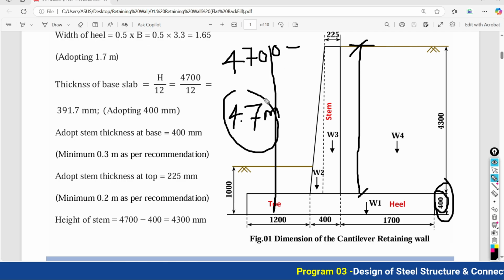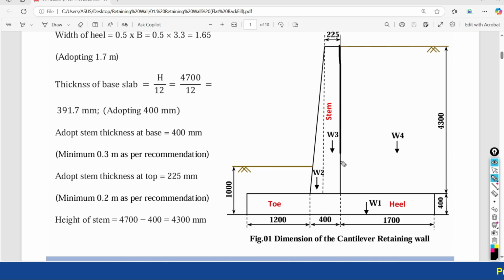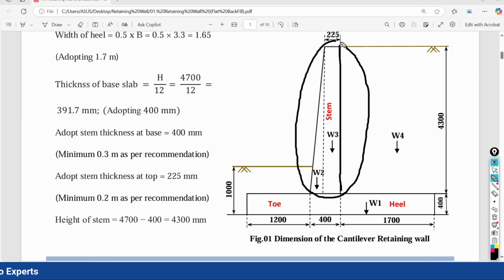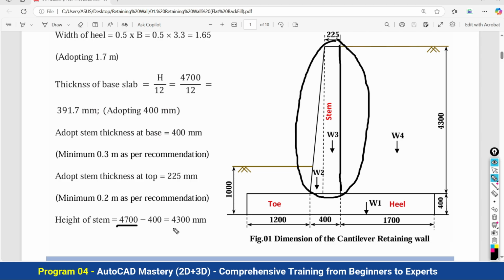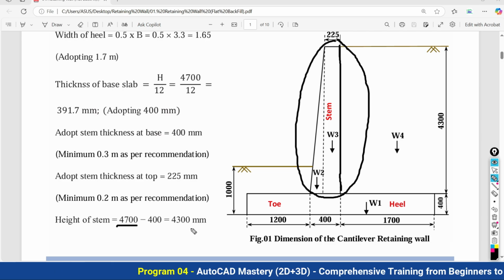If you do this, you will get the actual height of your stem. When you design the stem, at that time we need to have this height of the stem. So the height of the stem will equal 4700 minus 400. Finally we have 4300 mm as the height of your stem.